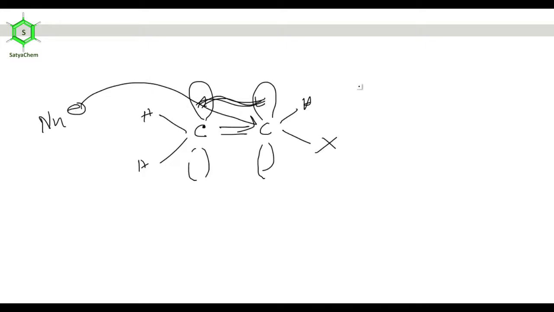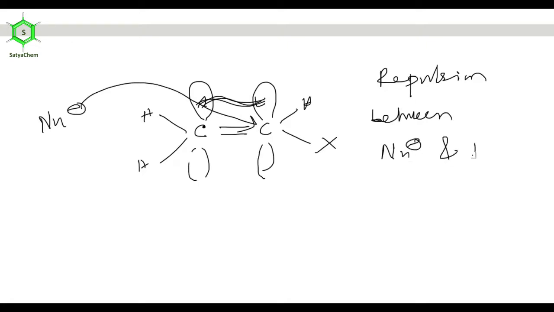So there will be repulsion between nucleophile and pi cloud. Clear? So that is why the approach of an attacking nucleophile gets inhibited by the pi cloud. I think it is clear.